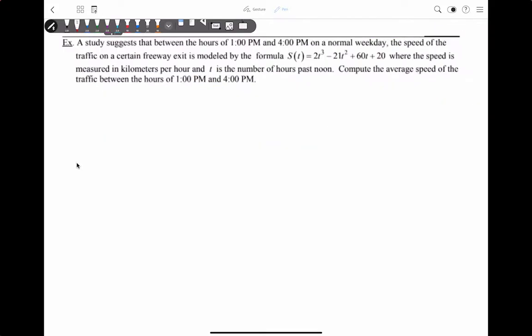A student suggests the hours, or between the hours of 1 p.m. and 4 p.m. The speed of traffic on a certain freeway exit is modeled by the formula this.